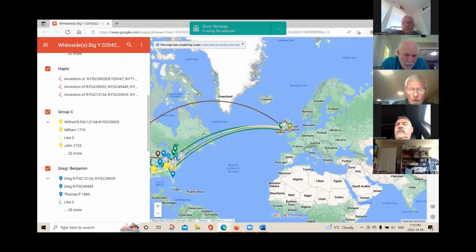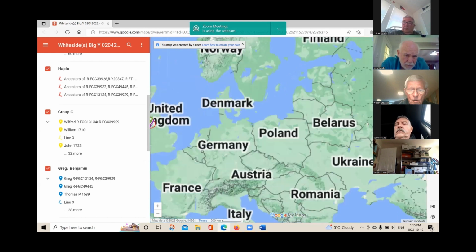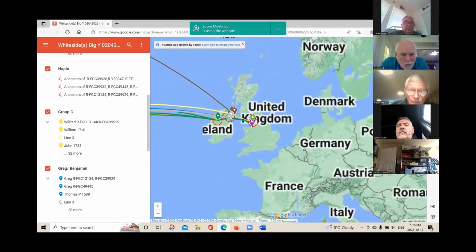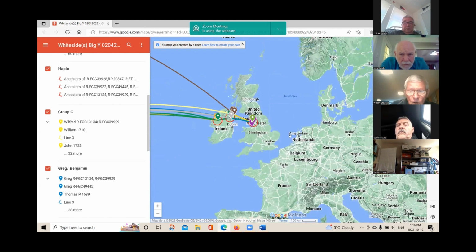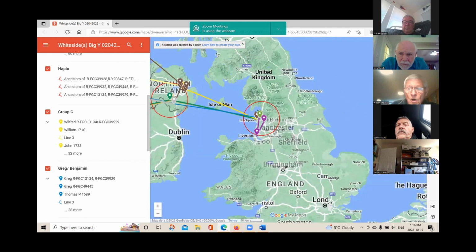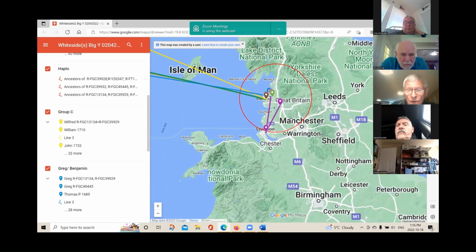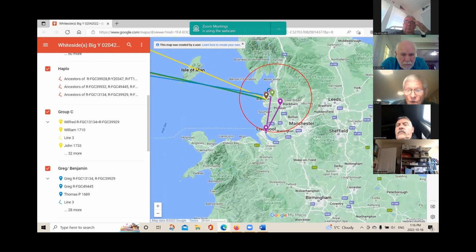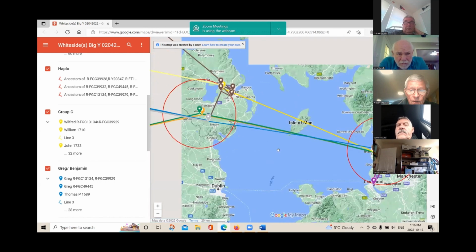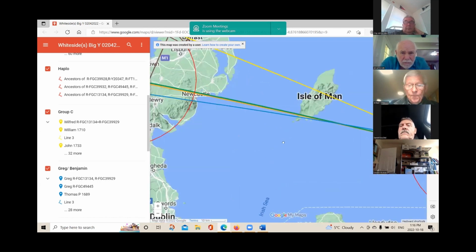And on a close-up basis, this one isn't the one I looked at before, but on a close-up basis, you can get down to, oh, here we are. I was waiting for that to fill in. You can get right down to where the self-declared oldest ancestor lived and where he moved to in Ireland, on the assumption that they did go to Ireland.